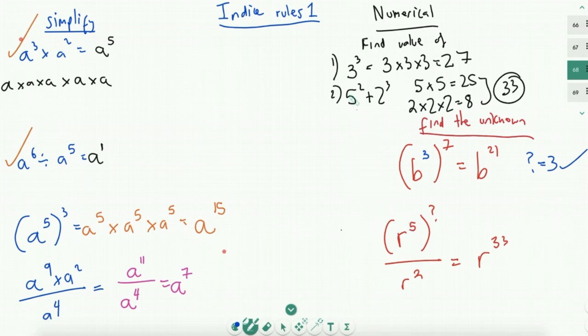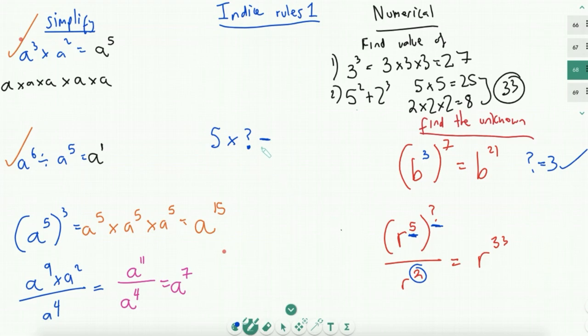Next one is perhaps a little trickier. r to the power of 5 to the power of something, divided by r squared, makes r to the power of 33. So the first rule I see is the inside-outside rule: 5 times something. I'll write it out. 5 times something. And then the division rule. So division means subtract.